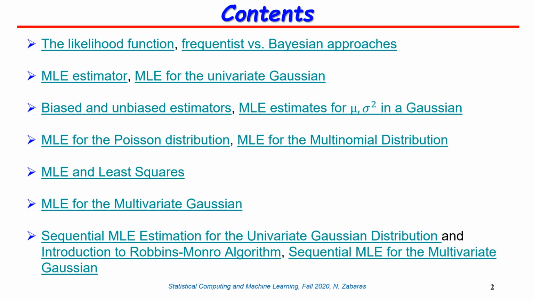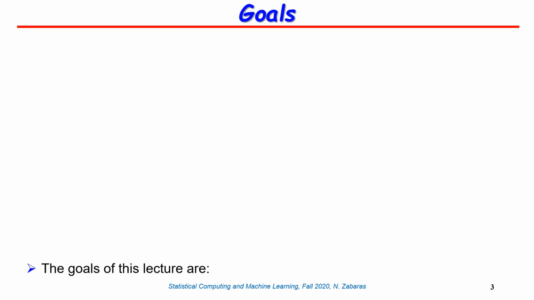So this will be a good place to introduce the Robbins-Monro Algorithm and see how it can be used for sequential estimation of the mean and the variance for both the univariate and the multivariate Gaussian.